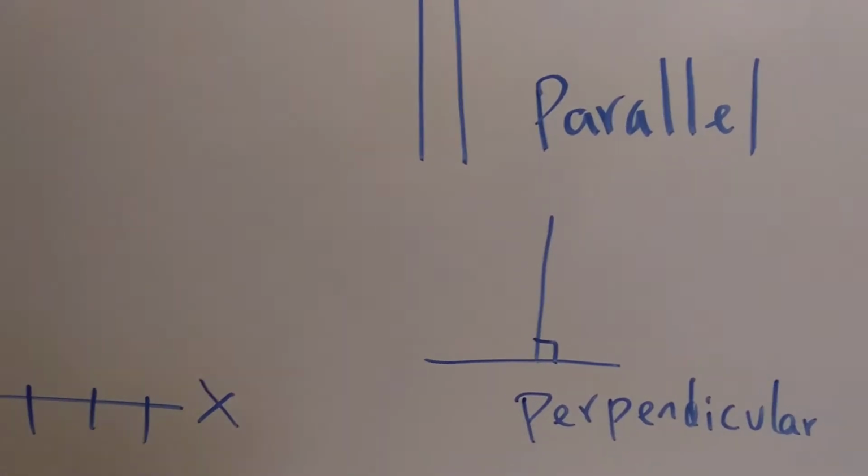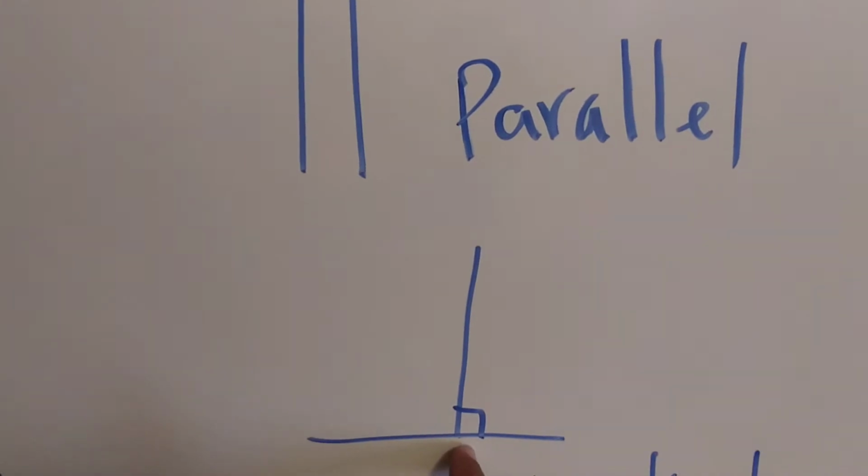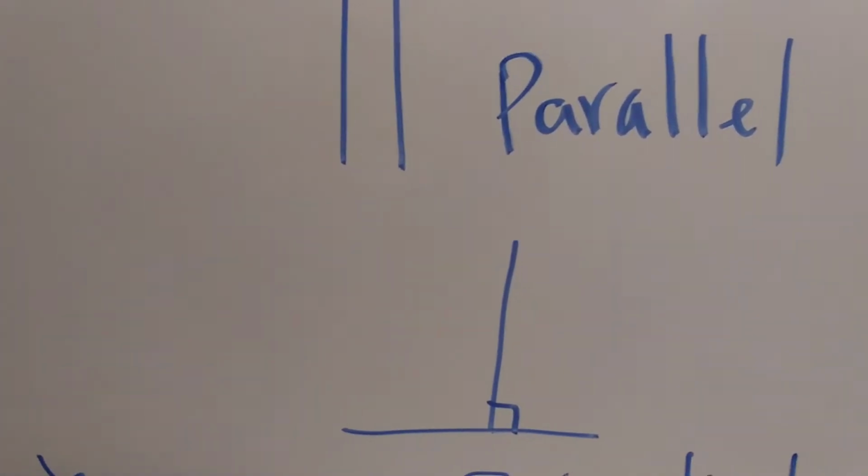And remember that perpendicular lines are two straight lines that meet exactly at one point, and they make a 90-degree angle.